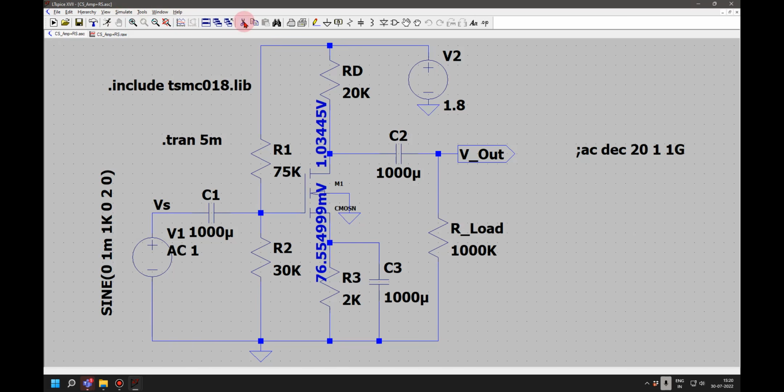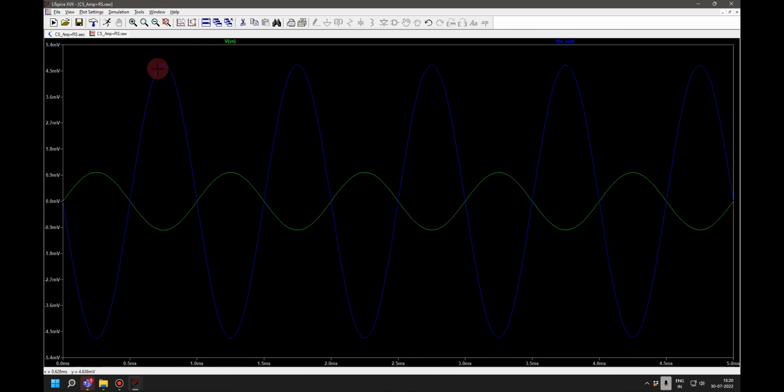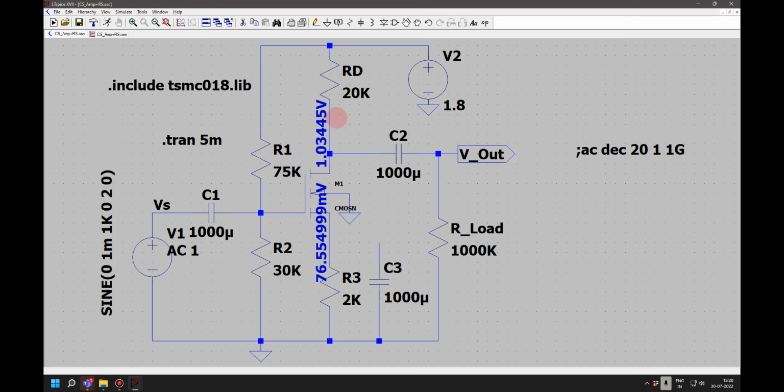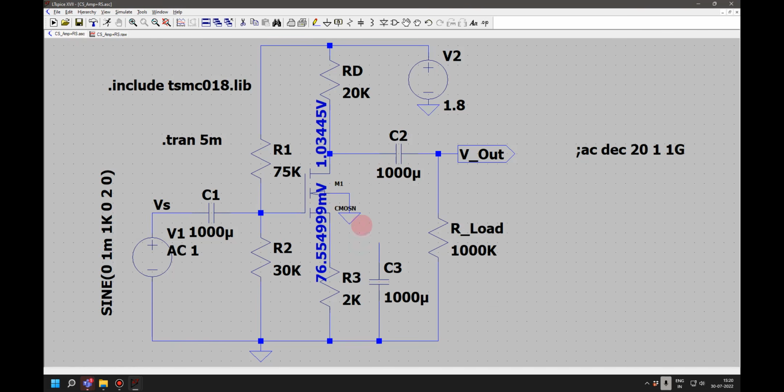Now suppose I cut this capacitor out here and do the run. Now if you see here, this is 1 to 1, peak to peak is 2, whereas this peak to peak is around 10, so around 5 times the gain. RD divided by RS, which is 10, whereas here it is 2 and 10, 5. Obviously we were talking about how we had neglected a few things in the model.